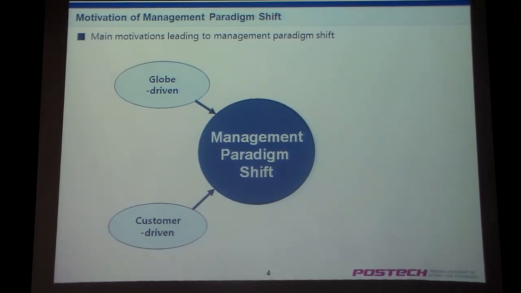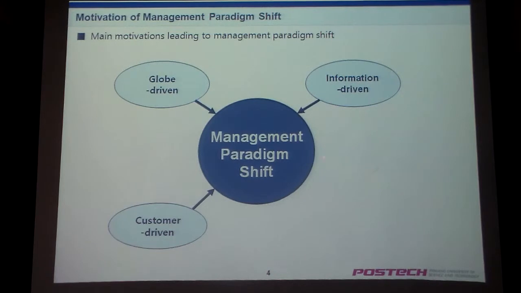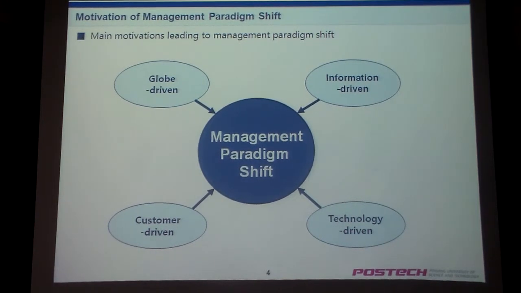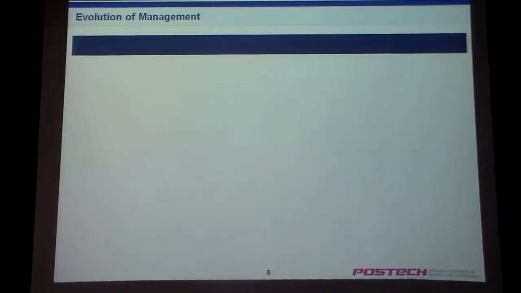Right now it is more customer-driven; the customer has more power. Information-driven: information is increasingly important and plays a very important role in management. And technology-driven: the life cycle and development cycle are becoming shorter and shorter, so technology innovation is very important in management, in business.